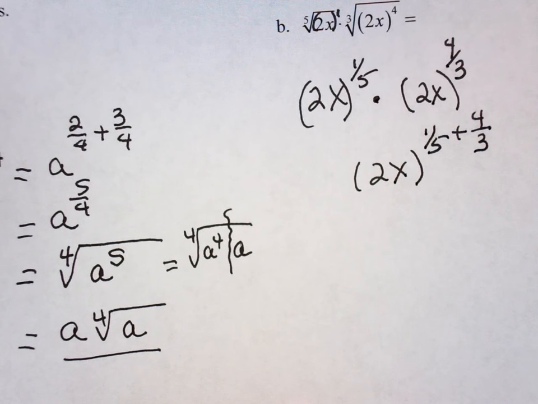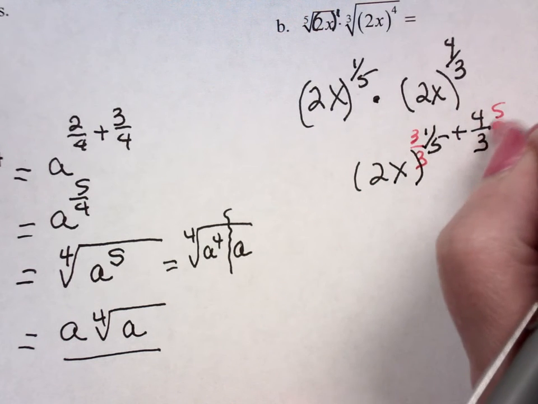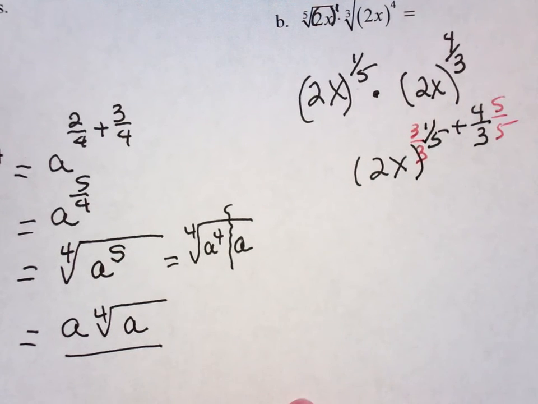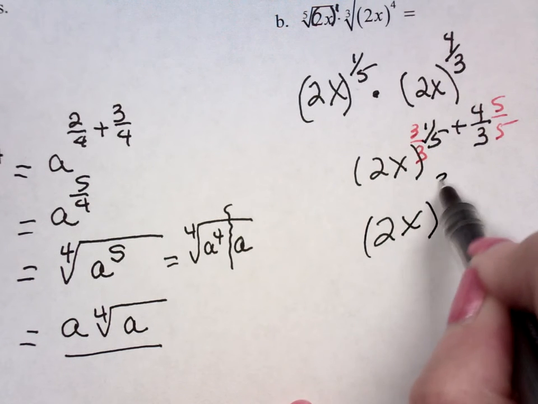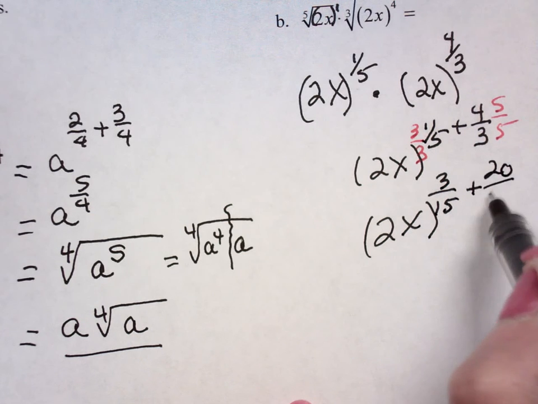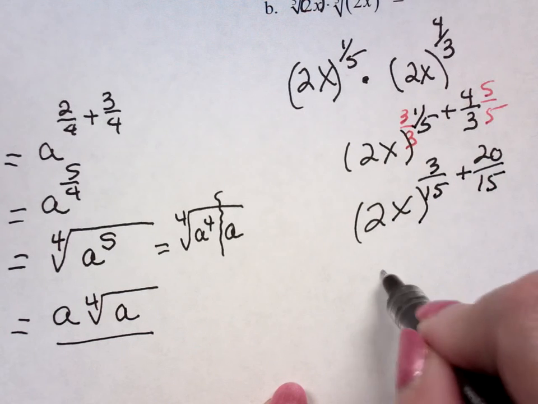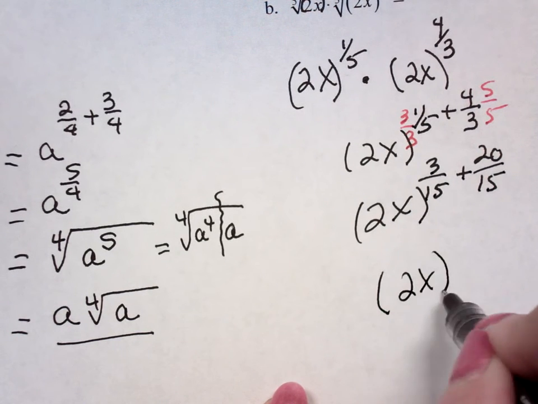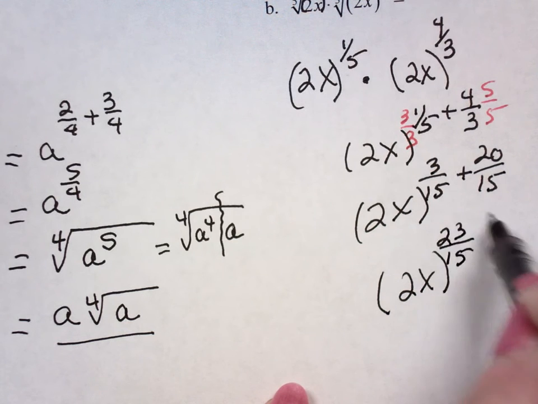And the common denominator is 15. So this is 2x to the 3/15 plus 20/15. Your book tends to just leave the answer in fractional exponent form, 23/15.